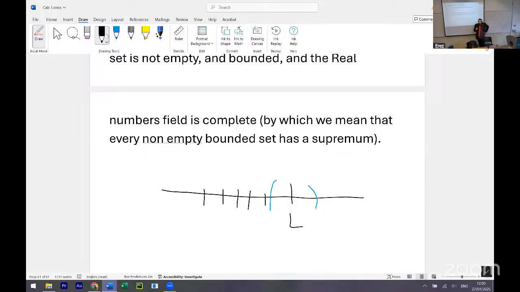Yes, because it's the supremum. If none of the elements were here, that means that the left bracket is another upper bound lesser than L, which contradicts L being the least upper bound. Agreed? So there will be, and by the way, what is the location, the position of the left bracket?